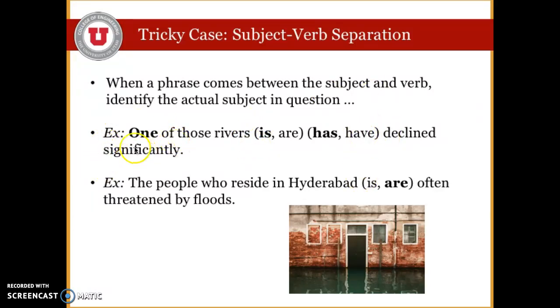But the true subject is actually one, which requires the singular verb, which is has. Another example, the people who reside in Hyderabad are often threatened by floods. Again, we're talking about people, which is a plural subject, multiple persons, not Hyderabad, for example.